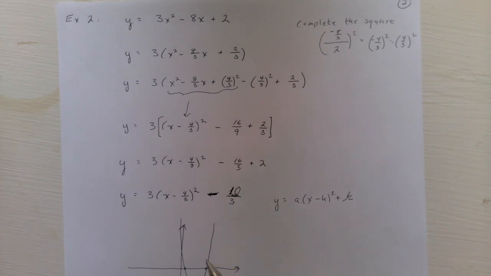If we want to find the x-intercept, we can set y equals 0 and get 3 times x minus 4/3 squared minus 10/3. Okay, and then just go ahead as we did before, and you can check that x is going to be 4/3 minus the square root of 10/9, and 4/3 plus the square root of 10/9.